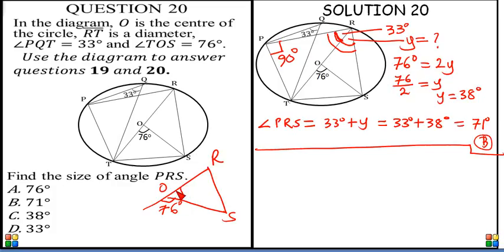It is supplementary to 76. That is 180 minus 76, which is 104 degrees. Now come back to this place.